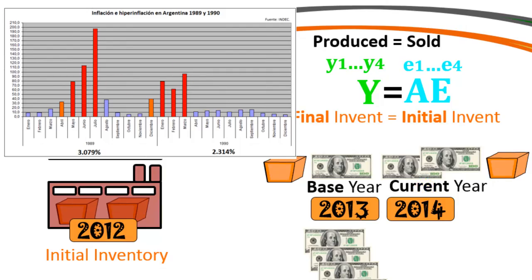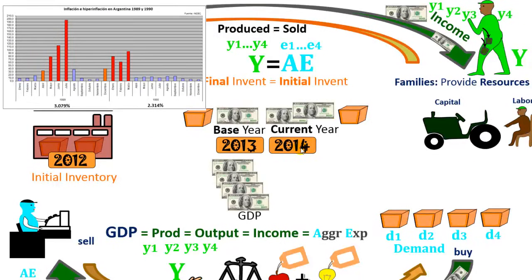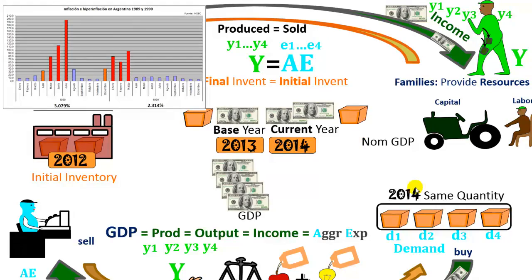Now let's assume that in 2014 the quantity produced was the same, to make the explanation very easy. Nominal GDP is quantities times prices for the current year.